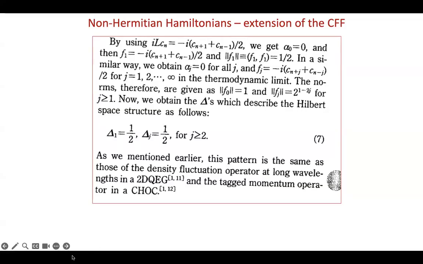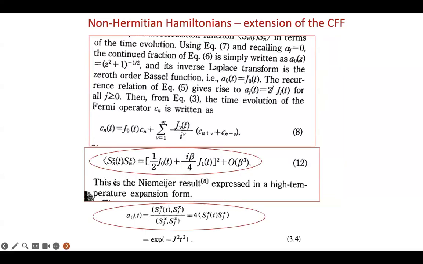And at infinite temperature anyway, you can calculate the full evolution of the dynamical variable. The first term is a Bessel function along with C_n, and the second term is an nth order Bessel function along with the f_n.